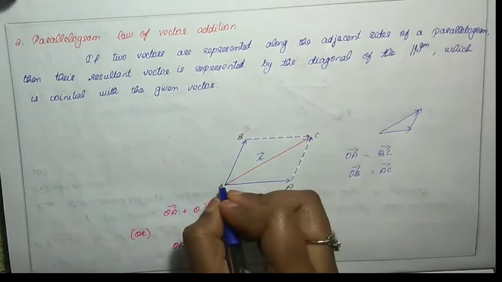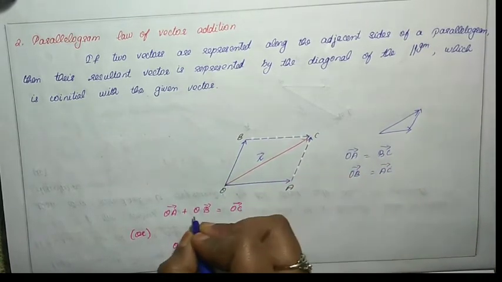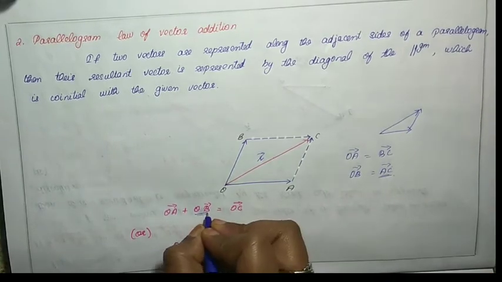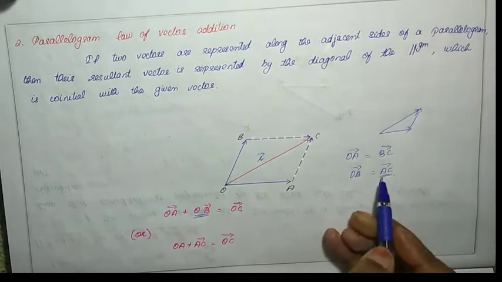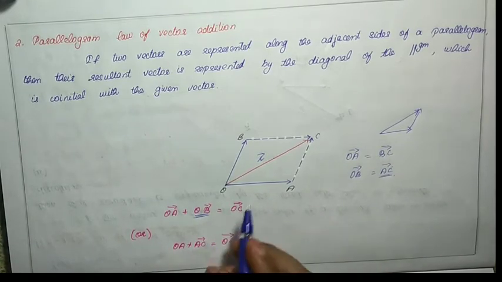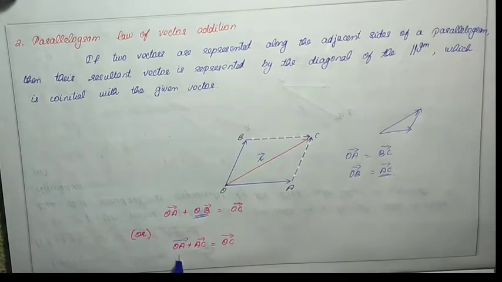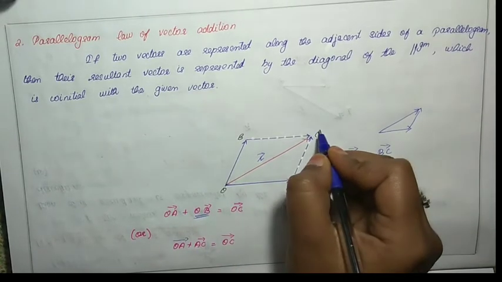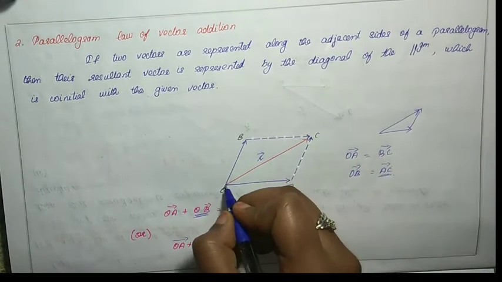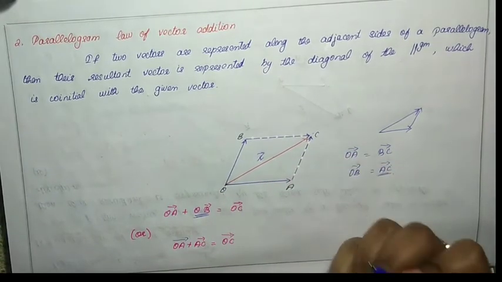OA plus OB equals OC vector. Why am I saying OB vector here? Because AC is equal to OB, right? So I'm just substituting the value of AC here, that is OB. Next, see, I have written here OA vector plus AC vector equals OC, or else you can say it as OB vector plus BC vector equals OC vector.